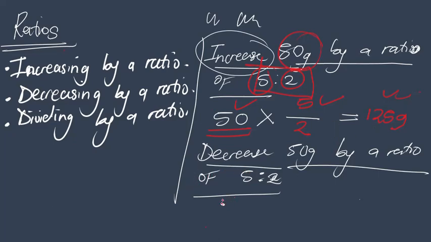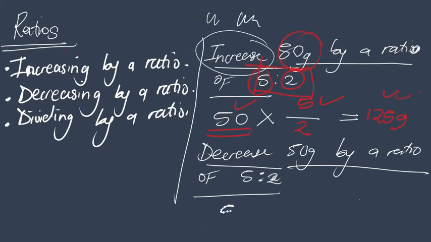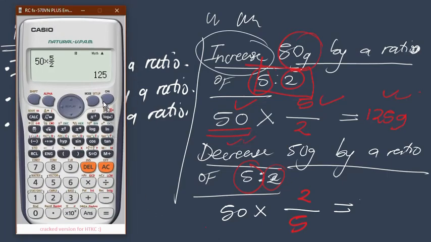Now in this case, you do the same thing. Now you have to show me the step whereby you say 50 multiplied by a fraction. It equals to. And then same idea. What is the numerator? Because now we are decreasing, the smaller number goes on top, the bigger number goes below. And then you pull out your calculator again. You're going to say 50 multiplied by a fraction.